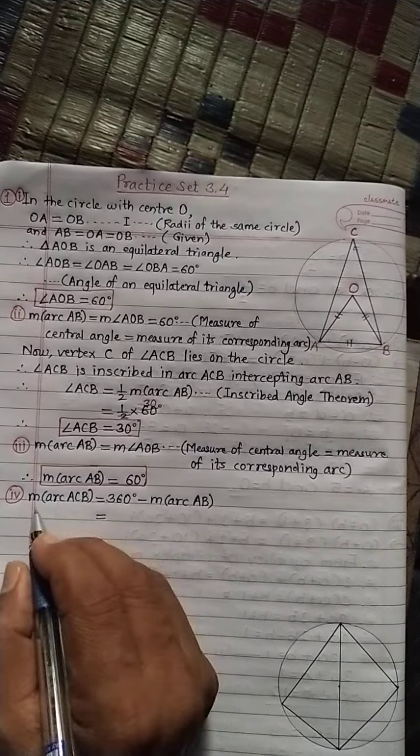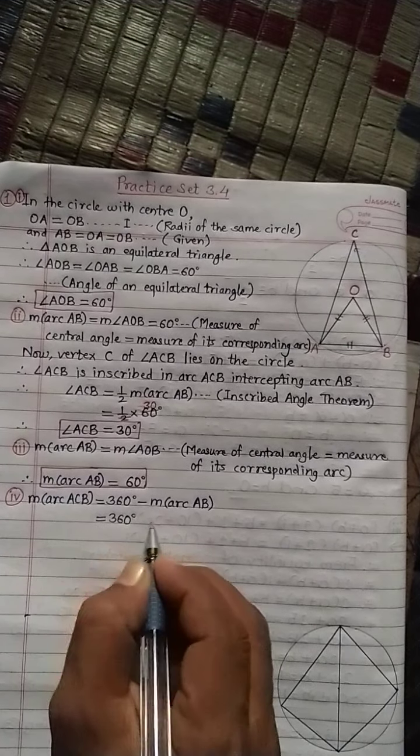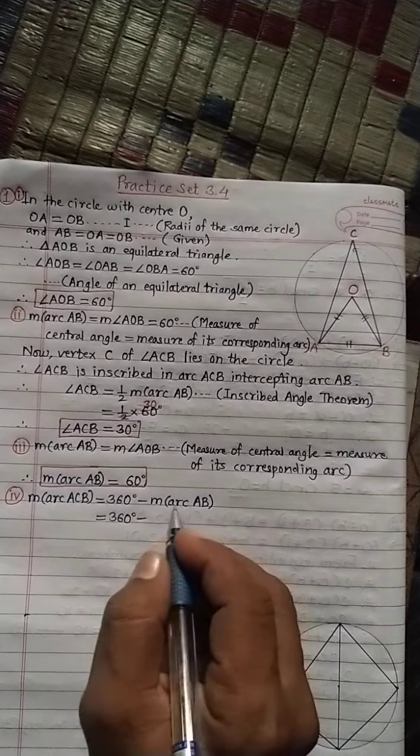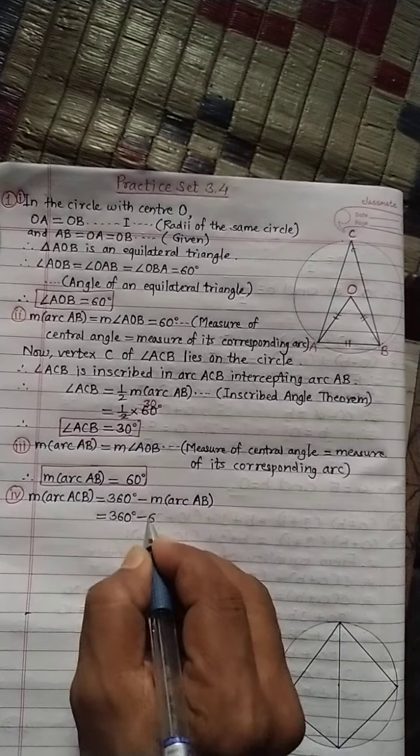So here measure of arc ACB is equal to 360 degree minus measure of arc AB, which is 60 degree.